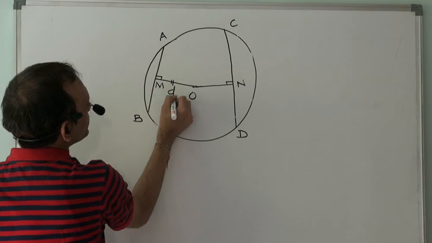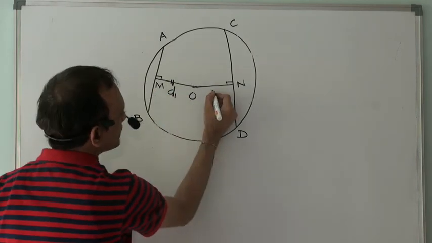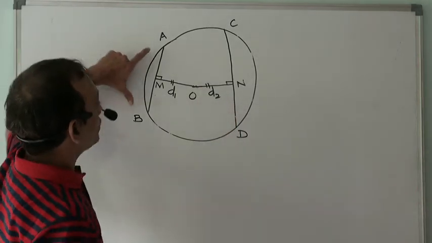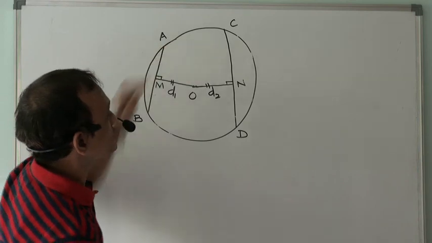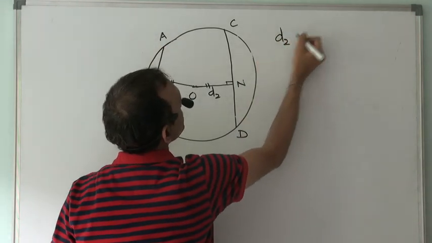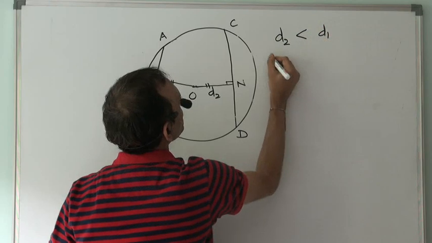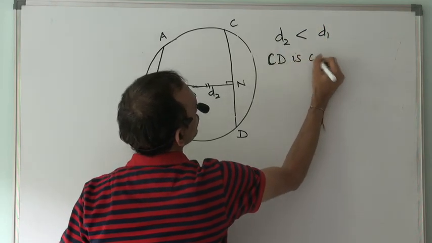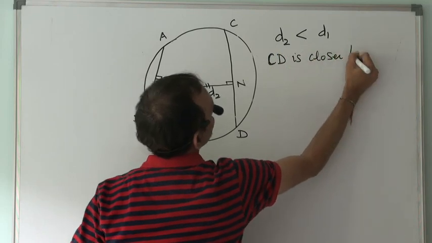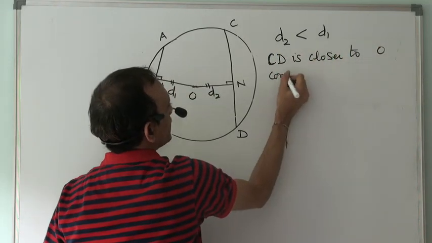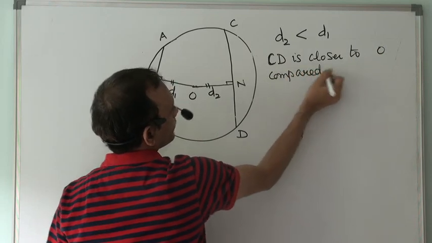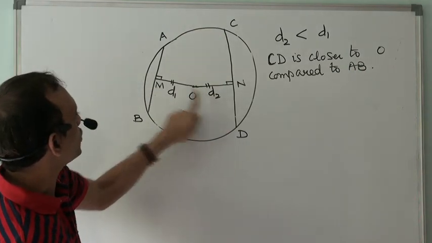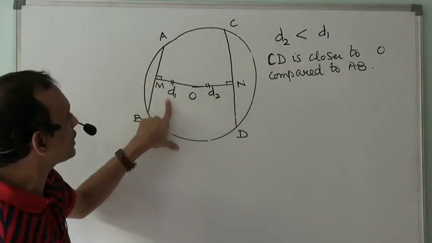Say this one is at a distance d1 from the center and this one is at a distance d2. Let's say d2 is smaller than d1. That means CD is closer to O compared to AB.